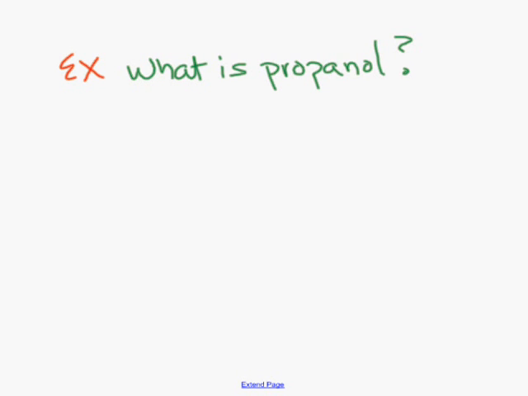How about this one? Can you go ahead and write the formula for propanol? Well, we can go ahead and write it as we always did, right? So C3, H, okay? Now, normally, if it was propane, it'd be times 2. That'd be 6. Plus 2 is 8. But it's not 8 because it's not propane, it's propanol. So it's 7. And then, instead of another H here, you had the OH.